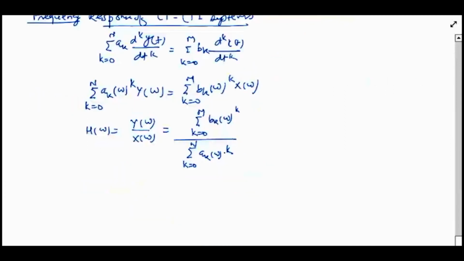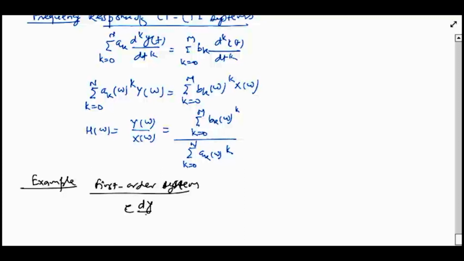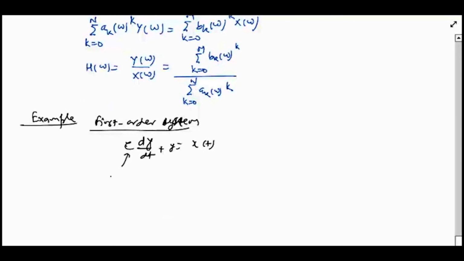Okay. Let's see an application of it. So an example. Consider the following system, which is a first order system, given by the differential equation tau dy over dt plus y equals x(t). Tau here is often referred to as the time constant.